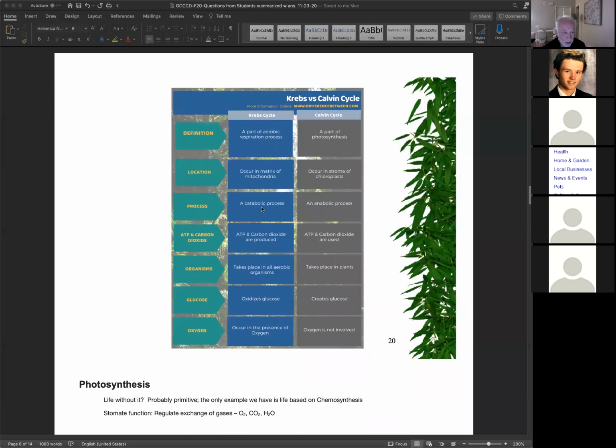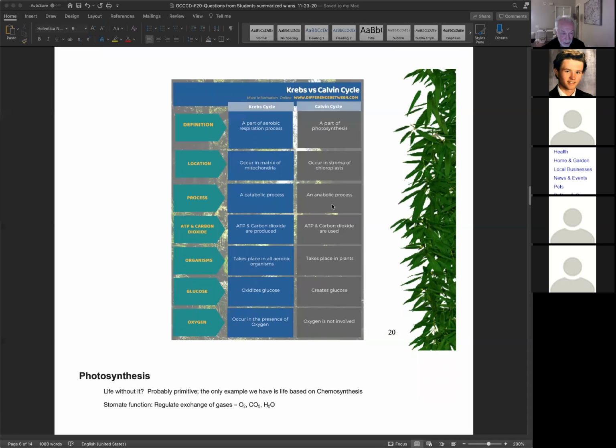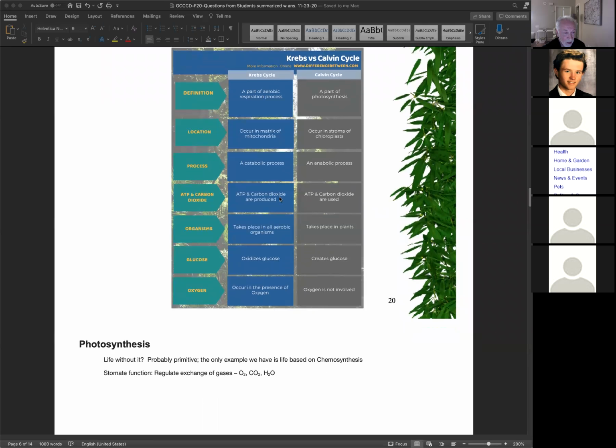One is catabolic. Krebs cycle takes glucose apart and releases energy in doing so. The other is anabolic. It puts things together and builds glucose. In Krebs cycle, ATP and carbon dioxide are produced. In another case, they're used.